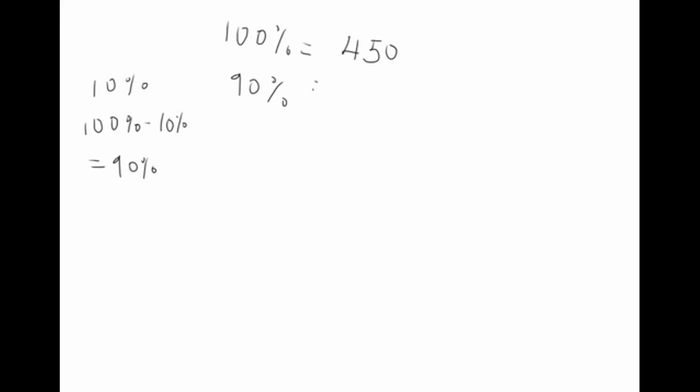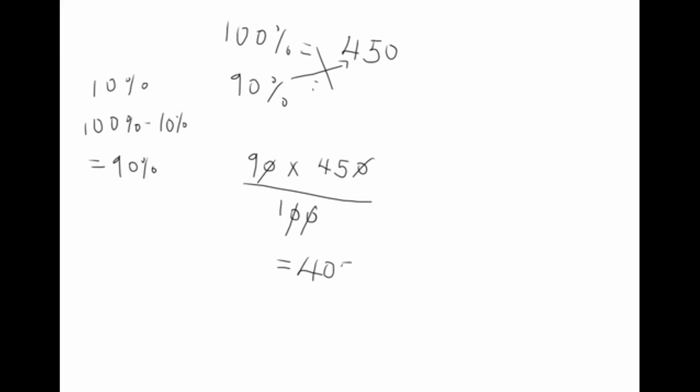From there, we will cross multiply. We shall have 90 times 450 over 100. Then we will simplify. This 0 will cancel this 0. We multiply 9 times 45, we get 405. So in the year 2006, the enrollment was 405.